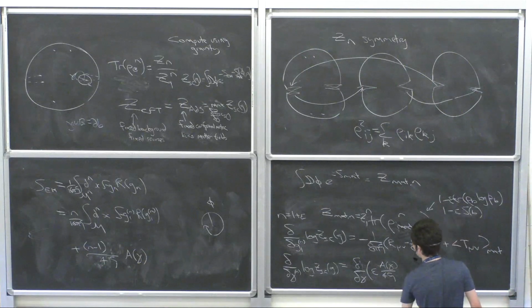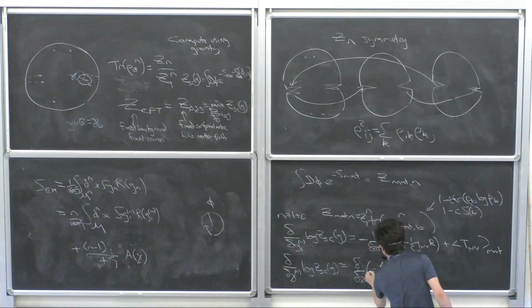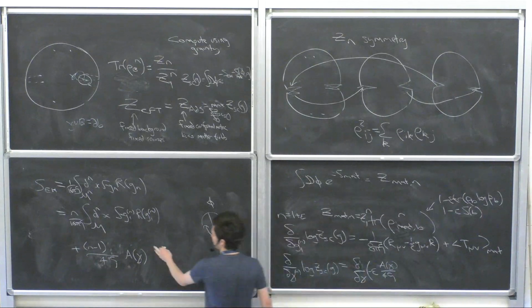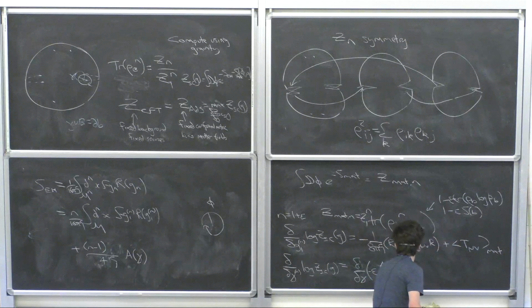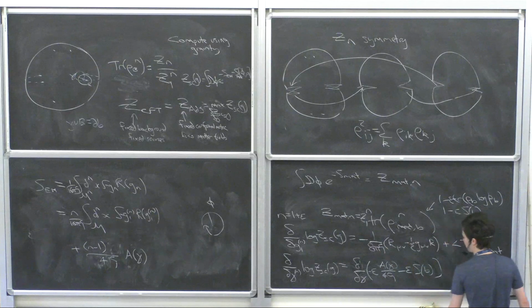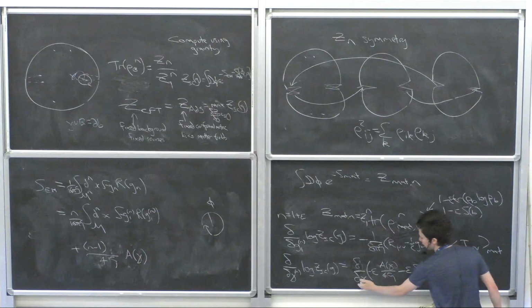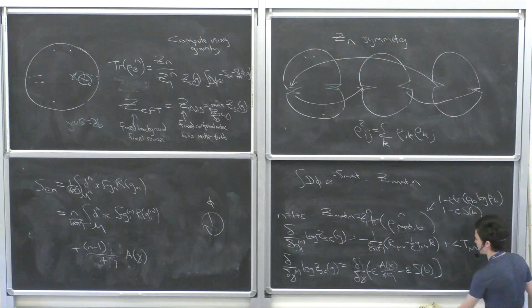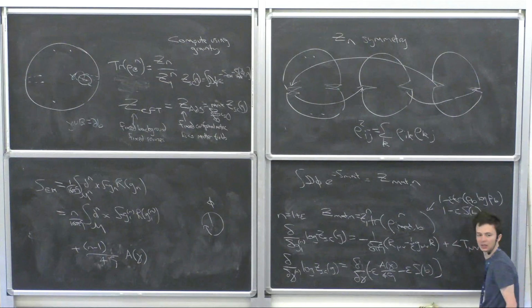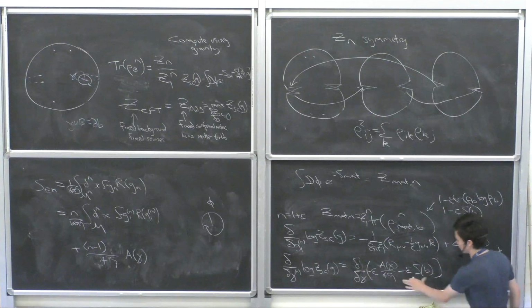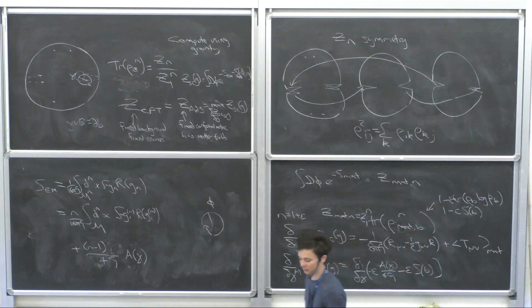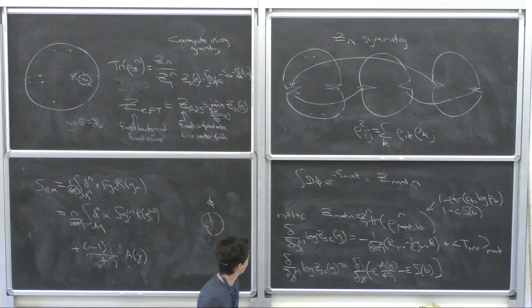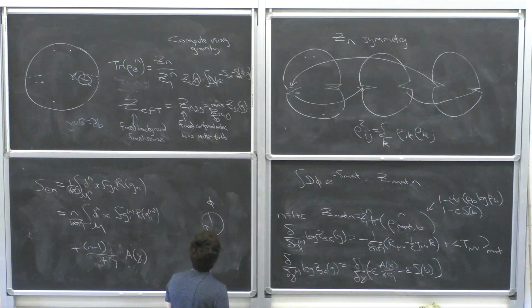This should be minus this, because this was in the action, and log Z looks like minus the action. So we then get minus epsilon times S of little b. Take the epsilons out the front, and this just tells us that gamma has to extremize the generalized entropy. That is exactly what we wanted for a quantum extremal surface. So, almost done.